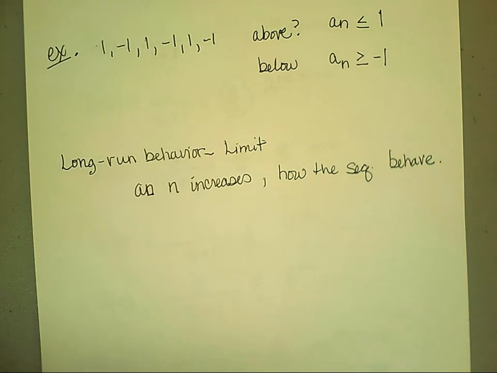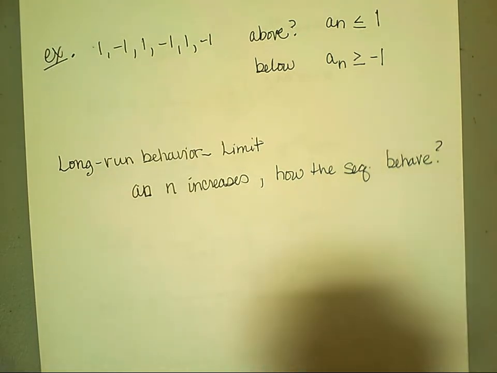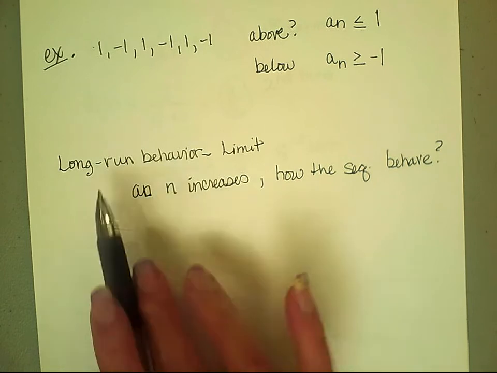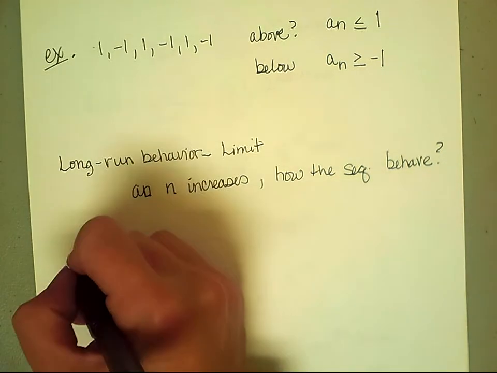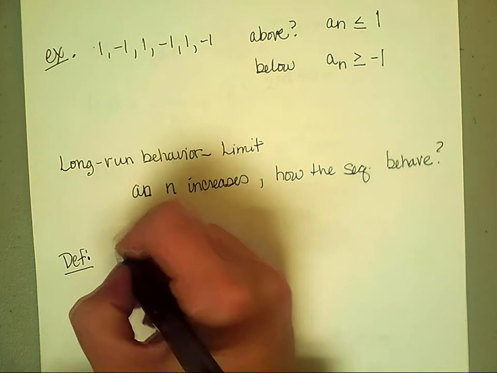Is the sequence approaching some finite value or not? Okay, so this is what we're going to be looking at. All right, now another word for this long run behavior, and another word for limit as it applies to sequences.